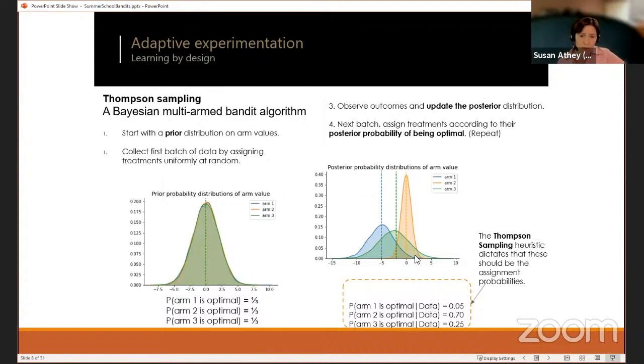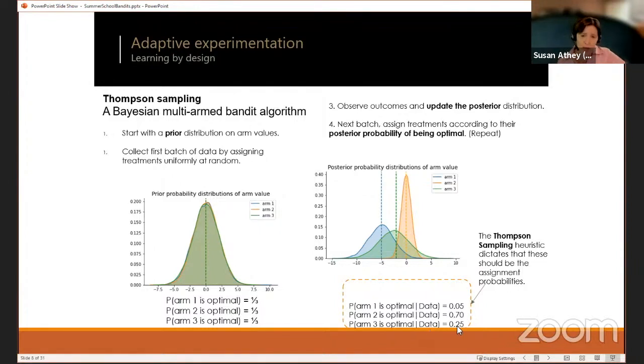So if you look at this picture above, arm two, the orange one, has the highest mean. And so you can see there's going to be a lot of probability mass associated with arm two being the highest, but it's not necessarily the best. And you can see that there's also a fair bit of probability mass where, say, arm three is optimal.